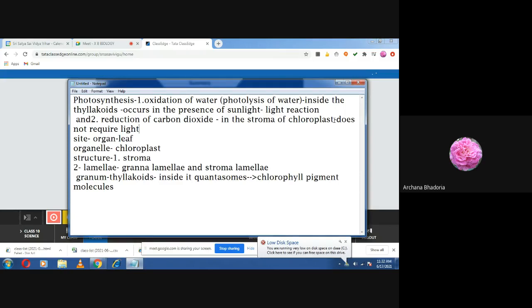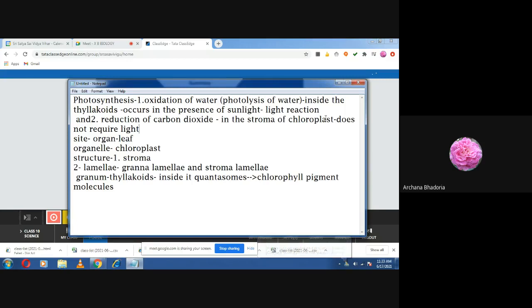It will occur in the presence of sunlight also. This reduction can be carried out in the absence of sunlight. It will occur in the presence of sunlight also. So it does not require the light.